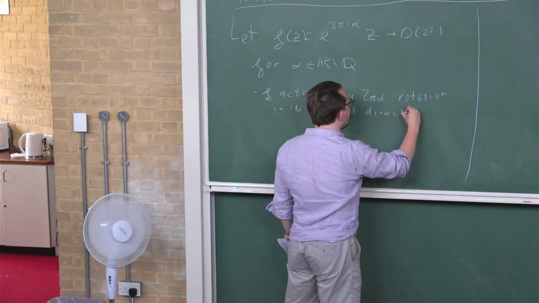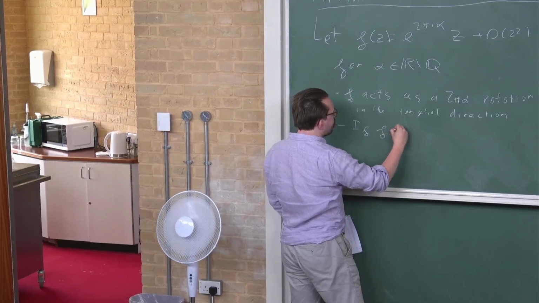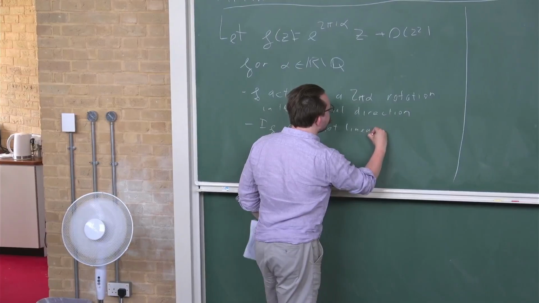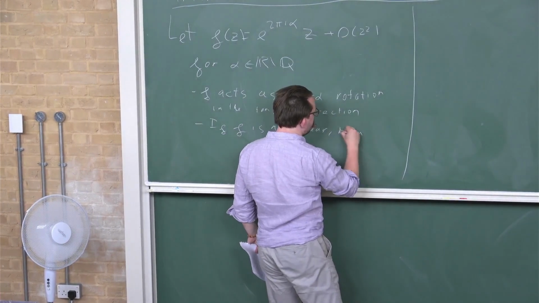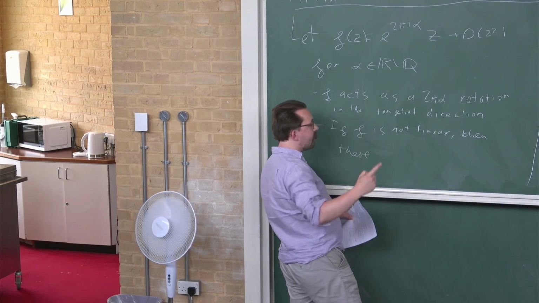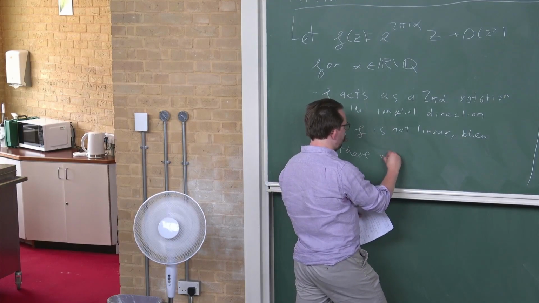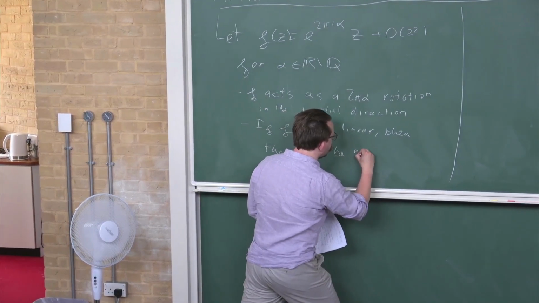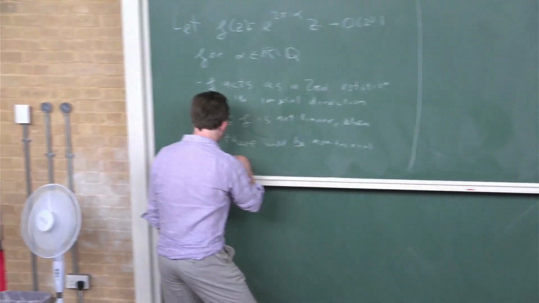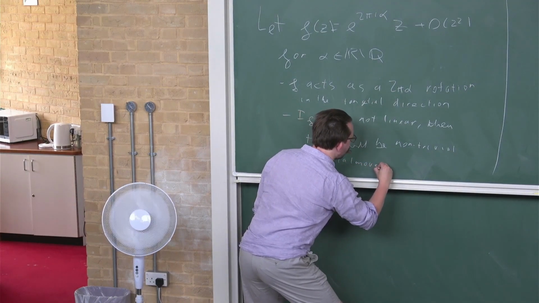But on the other hand, if we assume f is not linear, then there will be non-trivial radial movements. As we rotate around, it can go further from or closer to 0.